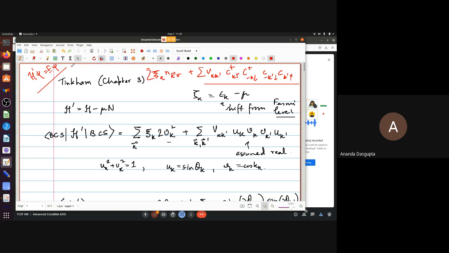The problem, of course, is that this particular term with 4 creation and annihilation operators becomes very, very difficult to handle. It's impossible to handle this exactly. So what Bogoliubov did was essentially approximate this by a quadratic term, simply by saying, okay, we will replace this by an average. And by working with this, he ended up with quadratic, that is, pairwise creation annihilation operators in your Hamiltonian.